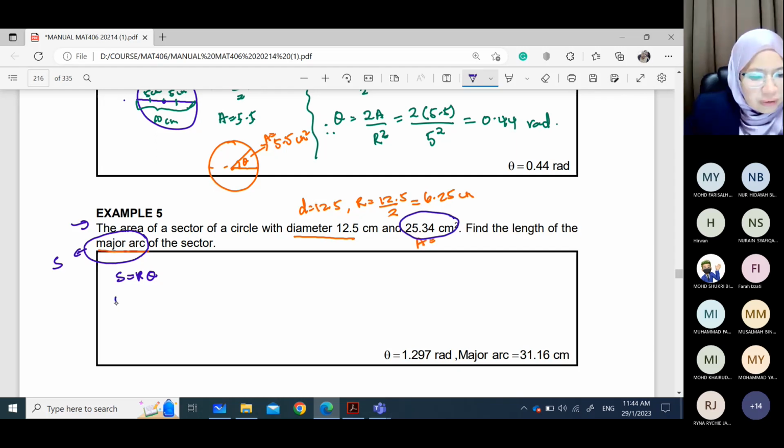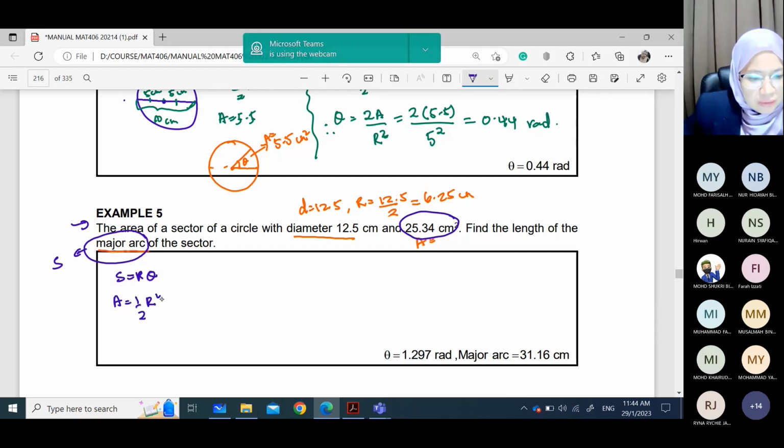So formula for area is 1 over 2 r squared theta. r dah ada, r is 6.25 cm. Area pun dah ada, area is 25.34 cm. Radius dah ada, so tinggal cari theta je.